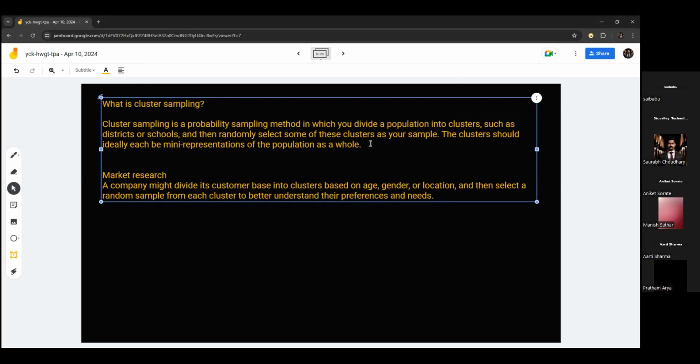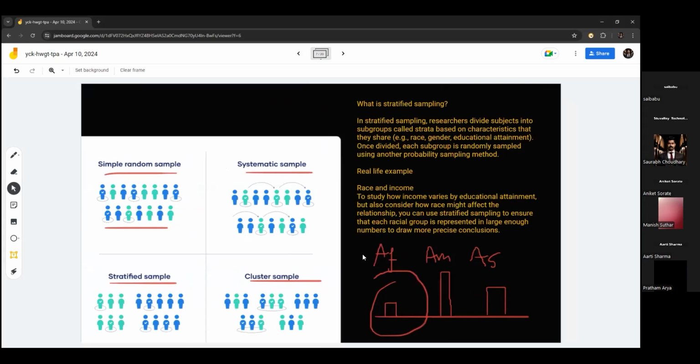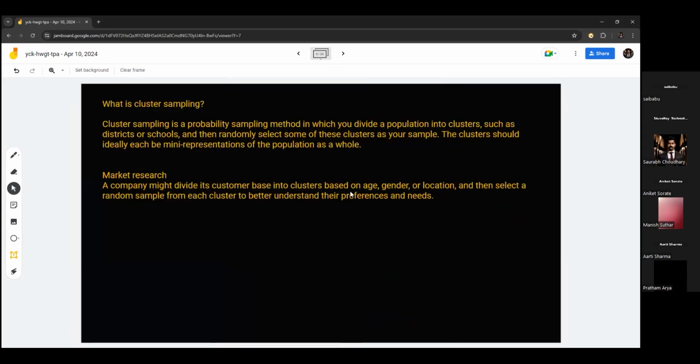A company might divide its customer base into clusters based on age, gender, or location, and then select a random sample from each cluster to better understand their preferences. But there we were dividing the races to know their income differences. And here we are doing market research according to age, gender, and location.